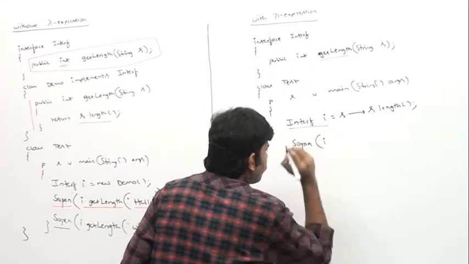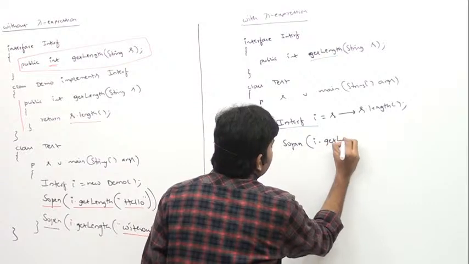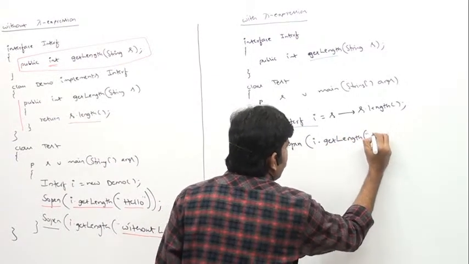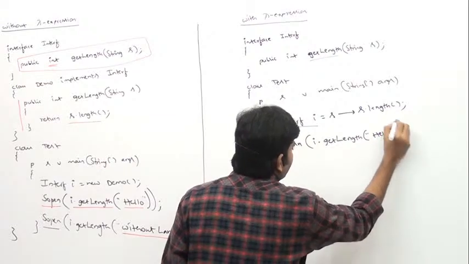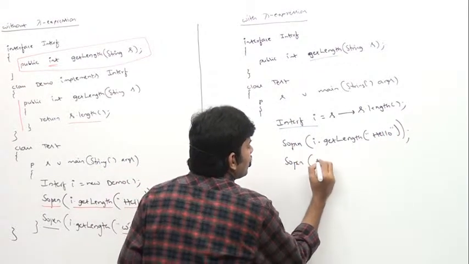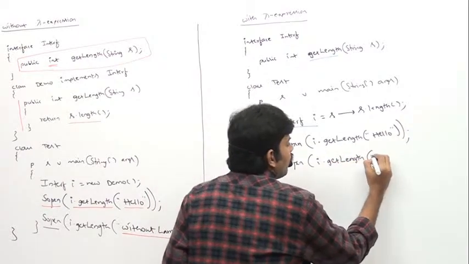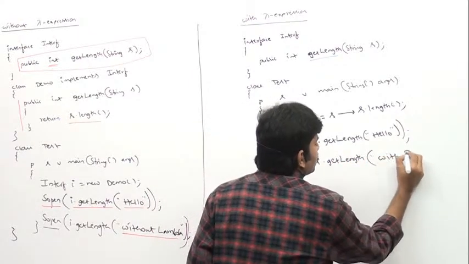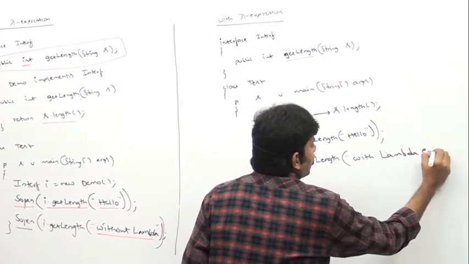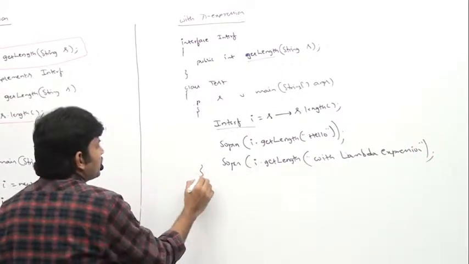System.out.println(I.getLength("hello")). Next, System.out.println(I.getLength(...)) with the lambda expression.